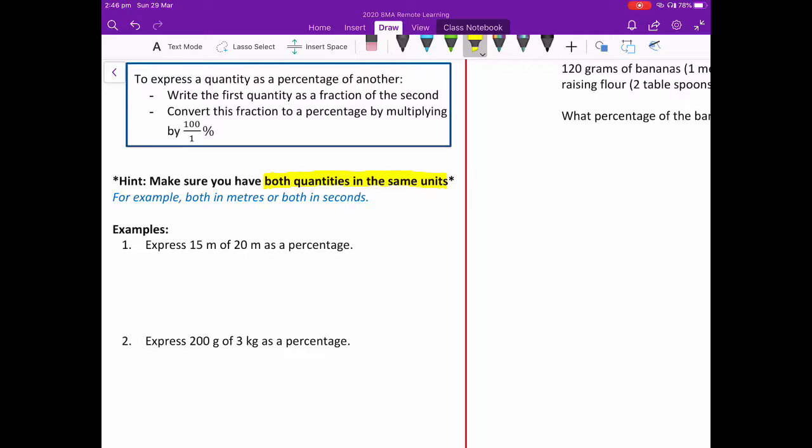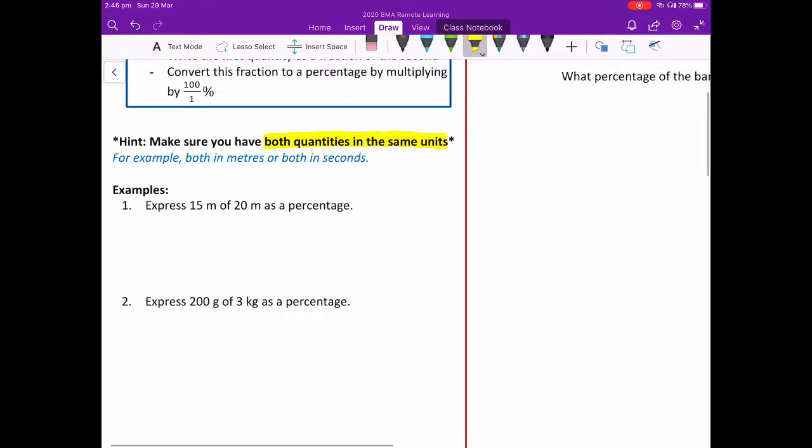So in our very first example, I have 15 meters and I need to express that as a percentage of 20 meters. So the very first step is to write 15 meters over 20 meters. Now to actually change this to a percentage, we did this above, we need to multiply by 100 over 1%.